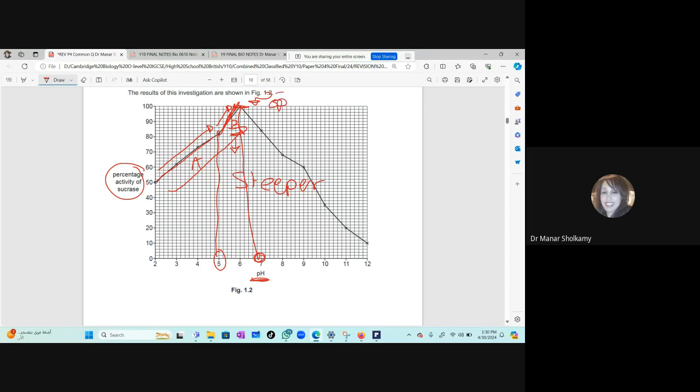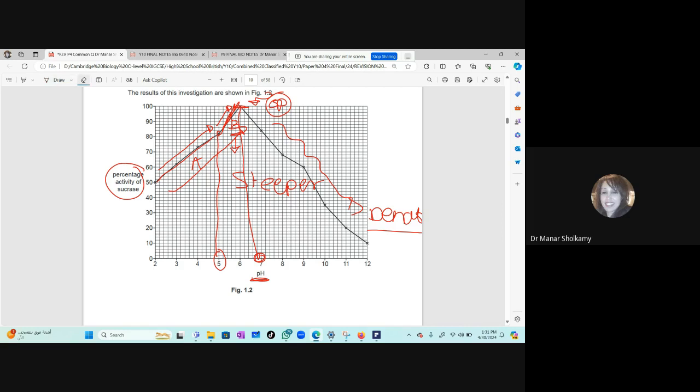Here, the word optimum pH is very important. Maximum rate, maximum successful collisions, maximum enzyme-substrate complex, maximum production of product, whatever. And then here, what do we say? We're moving away from the optimum. What is happening? Enzymes denature. The active site does not fit the substrate, it is not complementary anymore, no successful collisions, exactly the opposite.